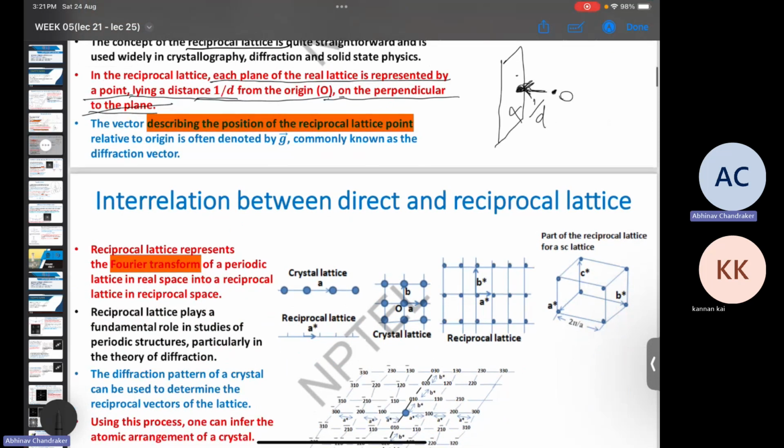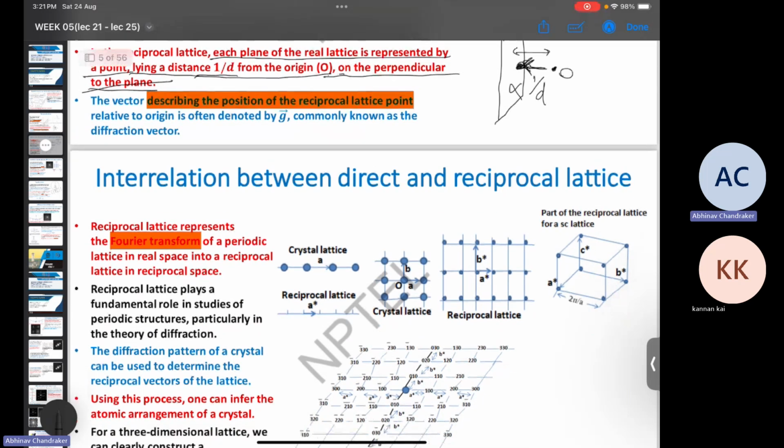And this can be considered the spacing that you have in the reciprocal lattice for this plane. And this vector, which describes the position of this reciprocal lattice point for this plane, is called the G vector or the diffraction vector.